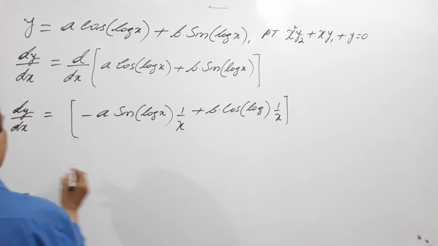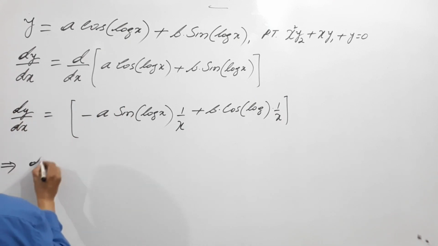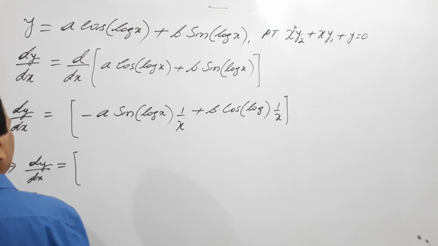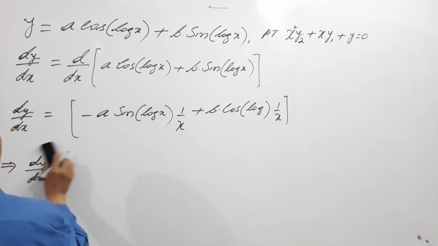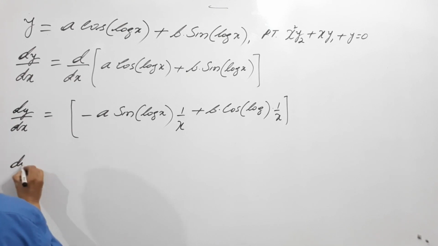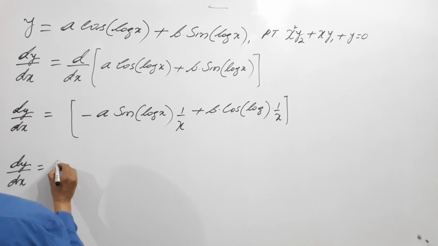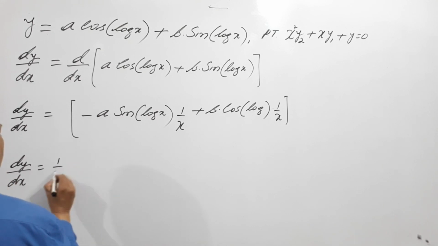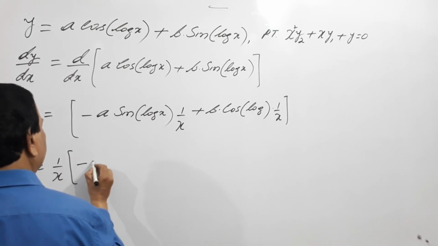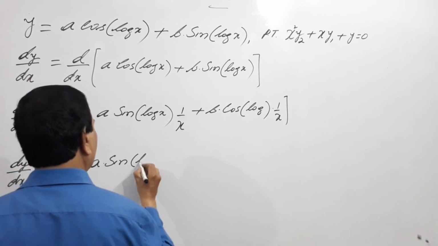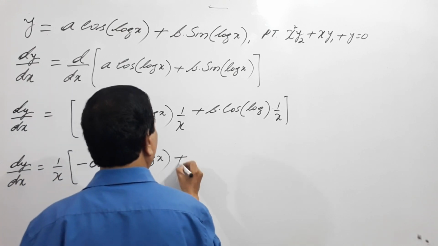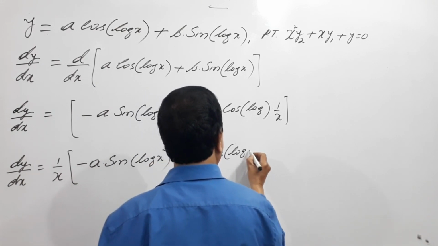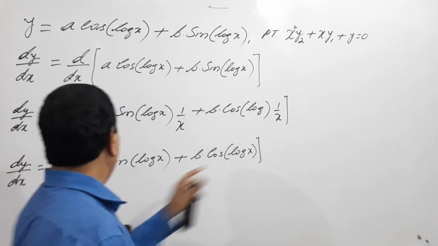So I take 1 by x common: dy by dx equals 1 by x times minus a into sin log x plus b into cos log x, because I have already taken 1 by x here.